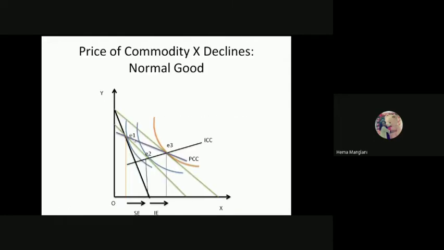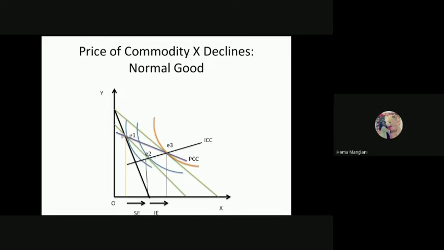Here you are getting an intersection at the E1 point and then will have a tangency at the E2 point on another indifference curve. That is another blue indifference curve. In the Hicksian case, there was a single indifference curve where the substitution effect is taking place. And in case of the Slutsky substitution effect, the substitution effect is taking place on a higher indifference curve.